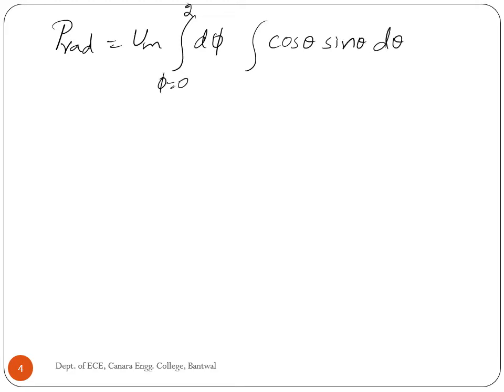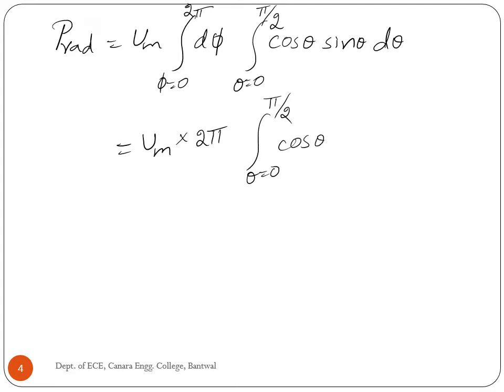Radiated power is equal to Um integral of d phi integral of cos theta sin theta d theta, phi from 0 to 2 pi, theta from 0 to pi by 2. Therefore radiated power is Um into 2 pi, integral of cos theta sin theta d theta.